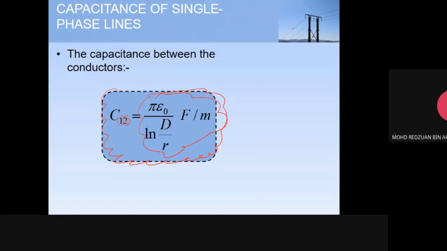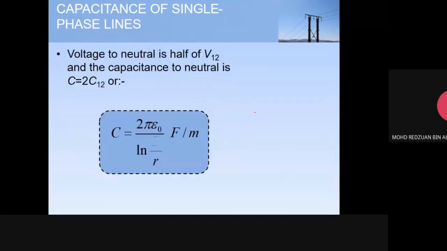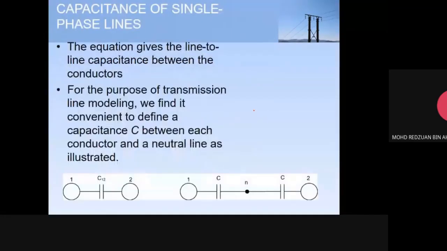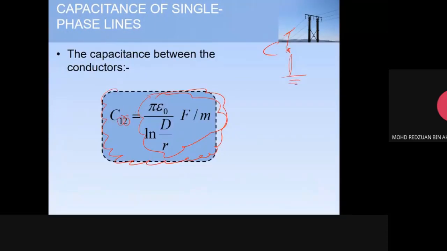This is the capacitance between transmission line and the ground. What we want is the capacitance between lines and the neutral point. So that's why in your slide or in your notes, this equation, I just move quite fast because you can watch the video that Sir Omar already published in our column.